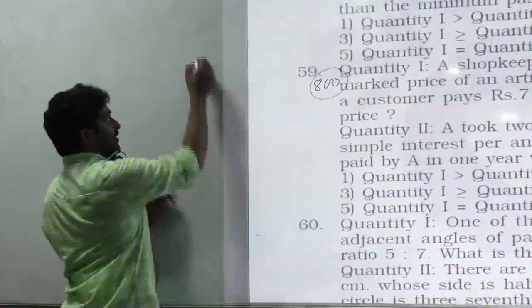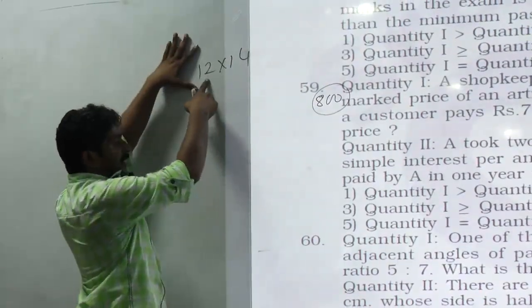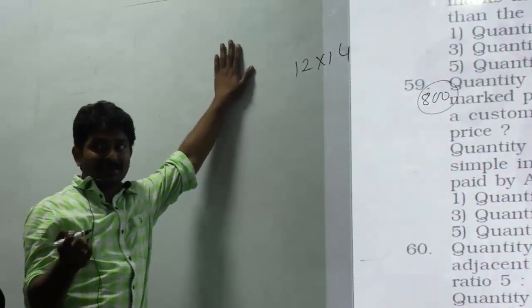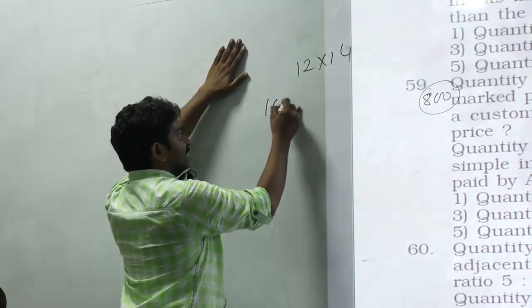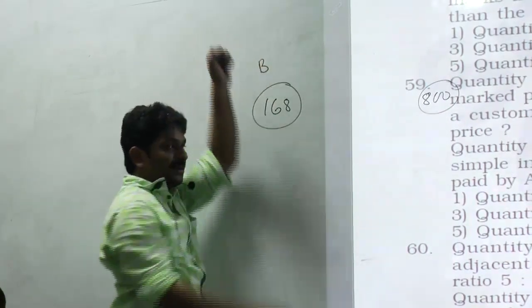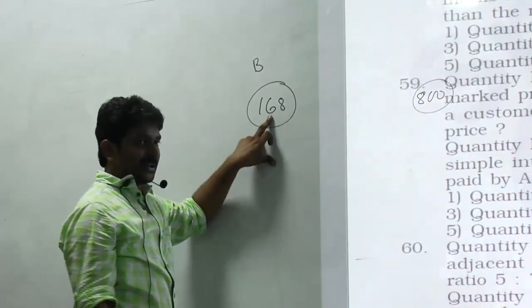You can treat 12 as 13 minus 1 and 14 as 13 plus 1. 13 square minus 1, 169 minus 1, 168. This is the interest obtained from scheme B. If the total amount is given by B, you would get 168 rupees.